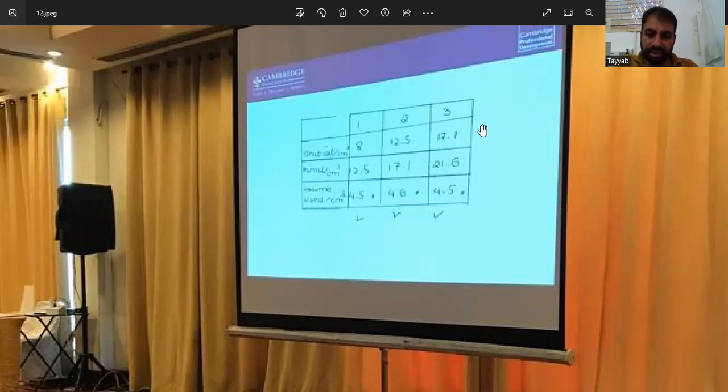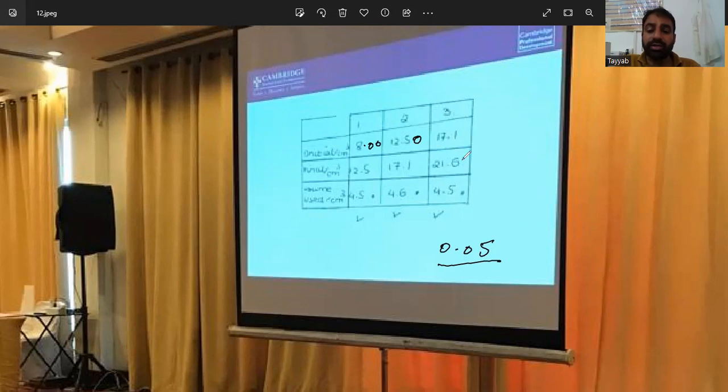The mistake is that these readings, 8.00, 12.50, I'm not saying what their range is, the very specific mistake is that these are not to the nearest 0.05 cm³. These are all incorrect.